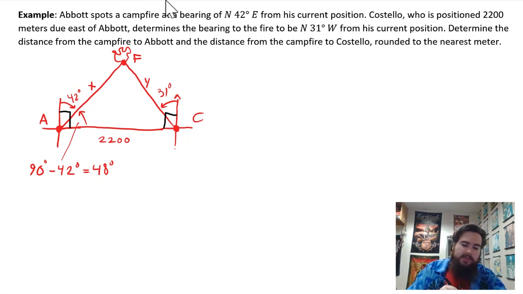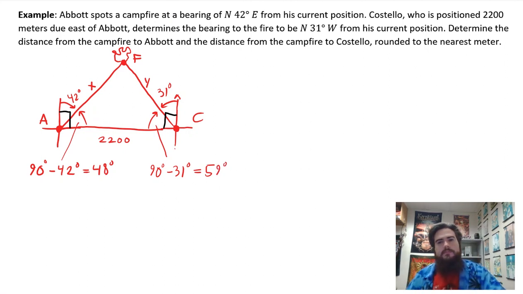And so if we want to find the angle measure on the inside of this triangle here, this should also be the complement of the bearing provided for Costello. So this is 90 degrees minus 31 degrees. That would give me 59 degrees. Not all bearing questions are going to work in that exact manner, but you typically can manipulate the angle measures provided from the bearing to get particular angle measures inside the triangle.